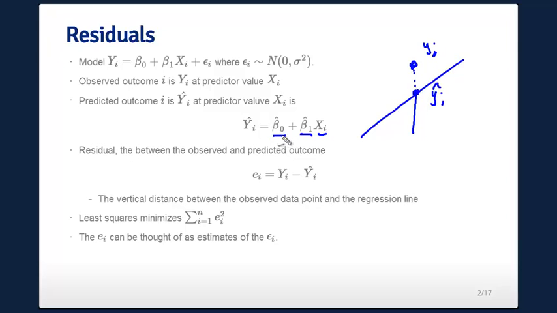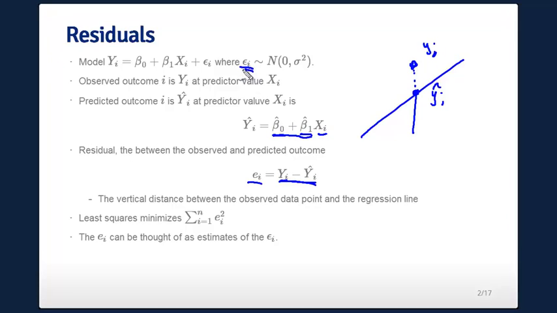Now, if we actually had beta naught and beta 1, and our model was true, then if we were to subtract yi minus yi hat, we would get the actual real error. Of course, we don't have beta naught and beta 1. We have the estimated values. So we might estimate the error at that point by taking yi minus yi hat and get something that we call ei. Now notice ei is not epsilon i.